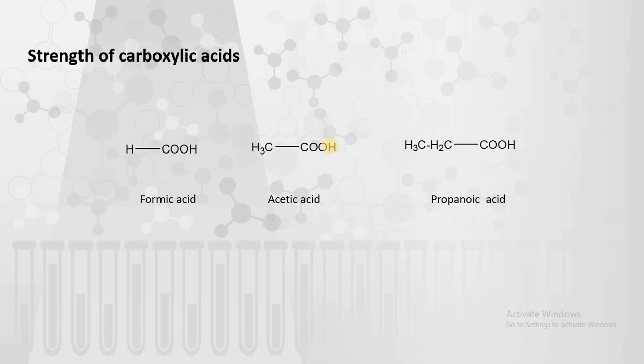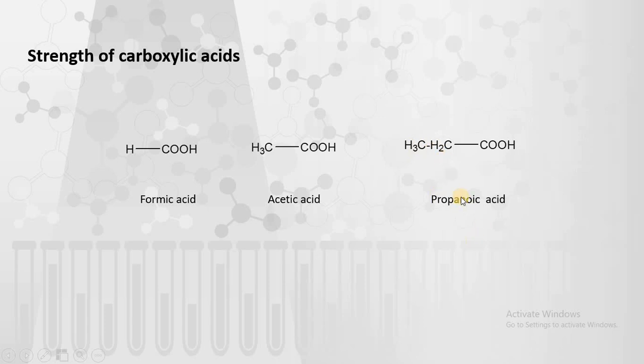So what is a strong acid? A strong acid is nothing but an acid which donates hydrogen ions easily. Here, as the CH3 group is donating electrons, the OH bond becomes strong, and the hydrogen atom cannot be given away easily.